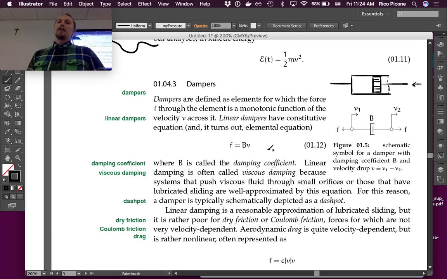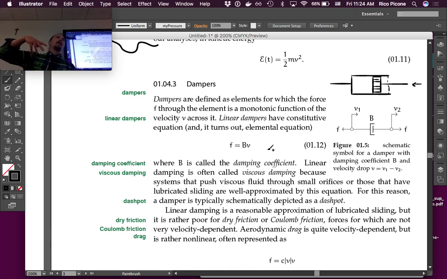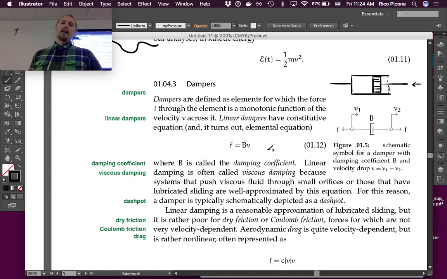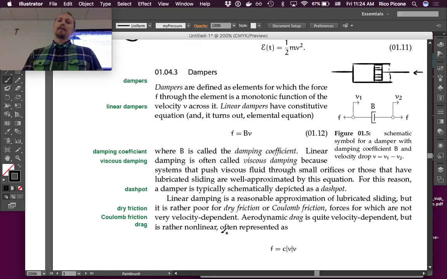So a lot of times what we do is we have a pretty good prediction of the mass and the spring constants, and then we'll do some measurements to determine what the damping model should be for a given system. You can come up with some approximations, but oftentimes it's tough to know.